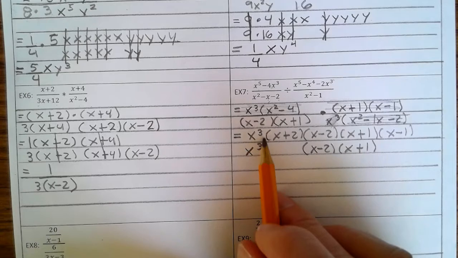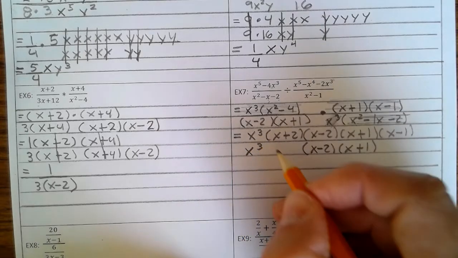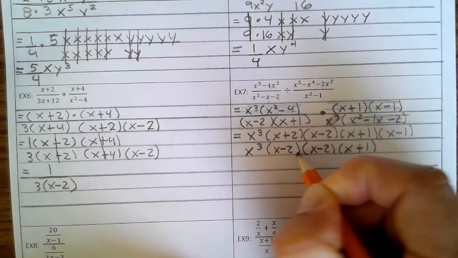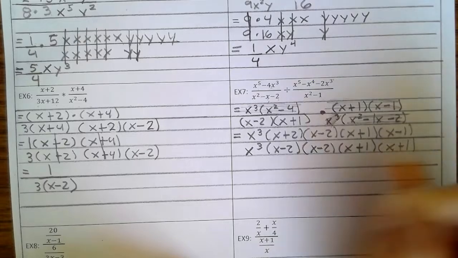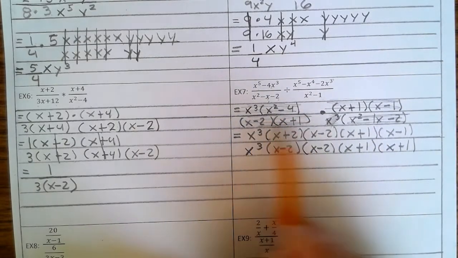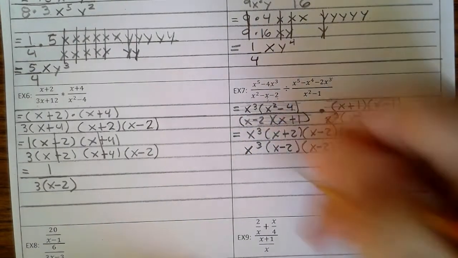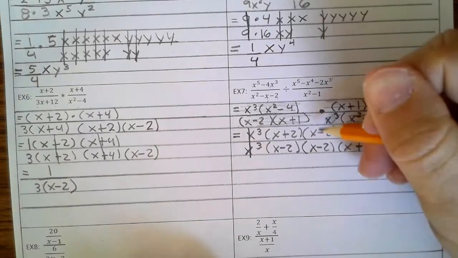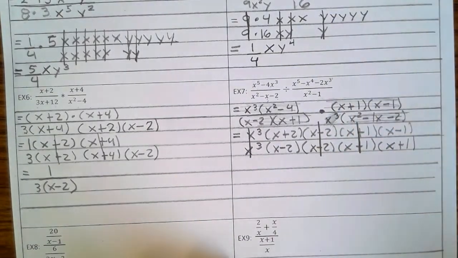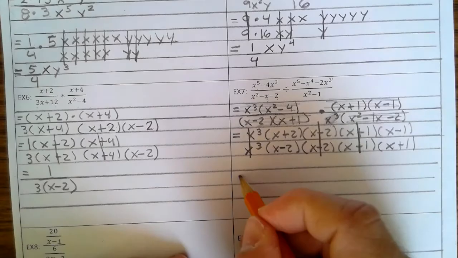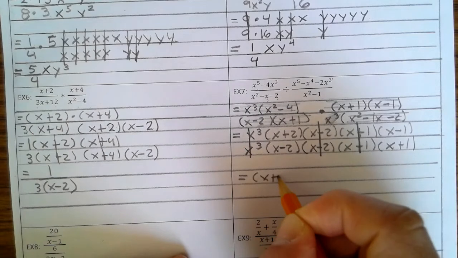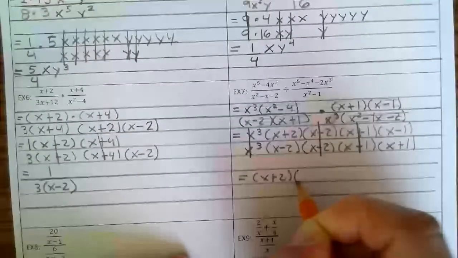Okay, so it's really important how you rearrange things because you're looking for that 1. This divides and becomes 1. This divides and becomes 1. This divides and becomes 1. So you're left with x plus 2 times x minus 1 divided by x minus 2 times x plus 1. Okay, go ahead and finish up example 7.